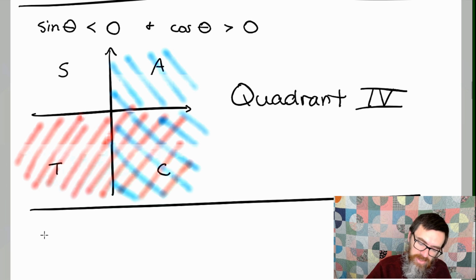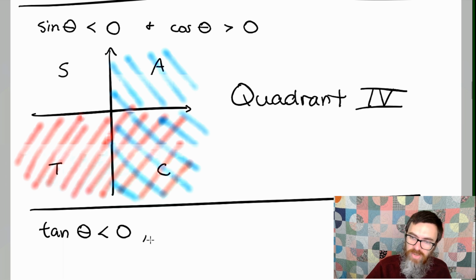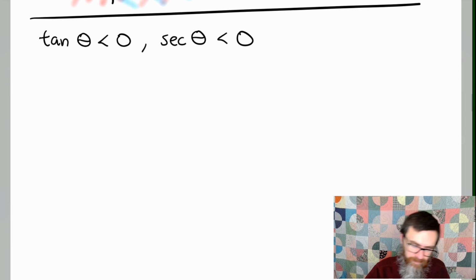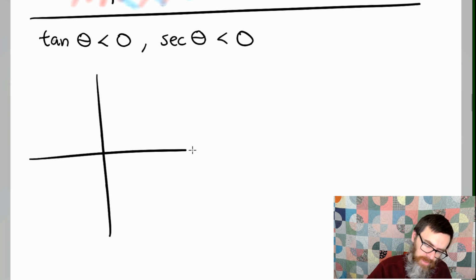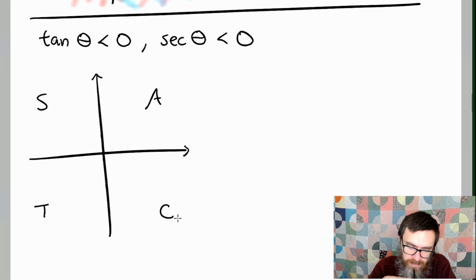The next one says, where is the tangent less than 0, and where is secant less than 0? All right, let me draw my little chart here. All students take calculus. All right, so I need tangent to be negative. Well, I know it can't be in quadrant 1 and it can't be in quadrant 3 because that's where tangent is positive.